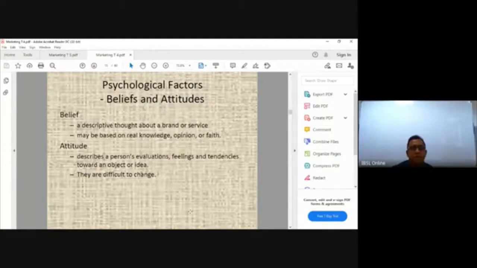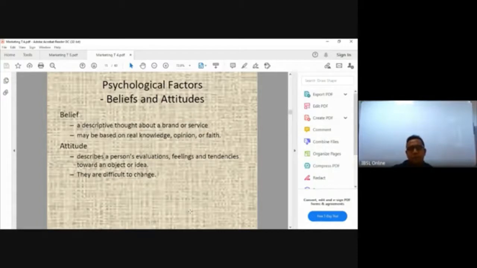So attitudes are difficult to change. Why are they difficult to change? Because attitudes are formed over a period of time, and once they are formed, they become inherent in people's lives.